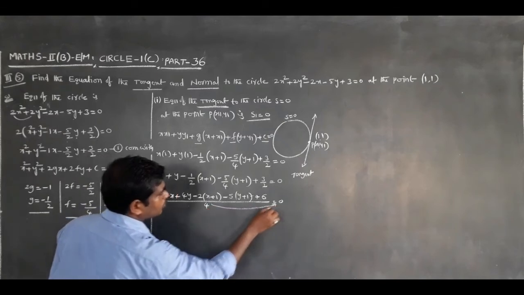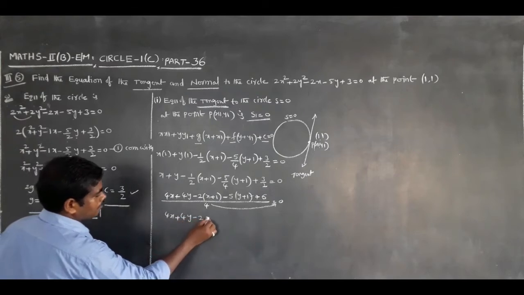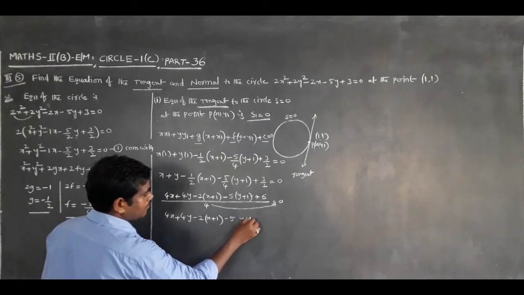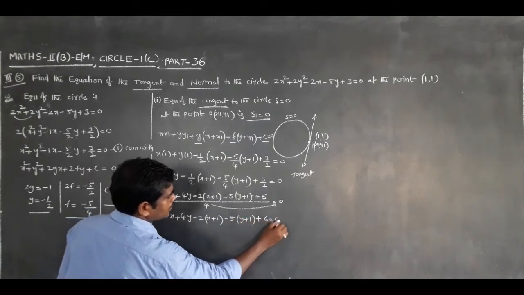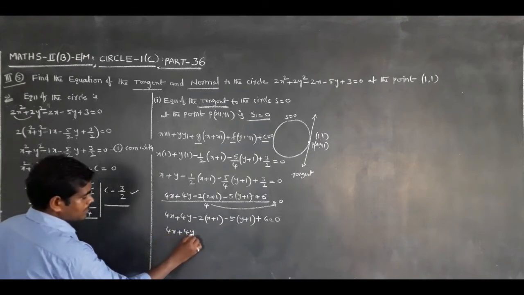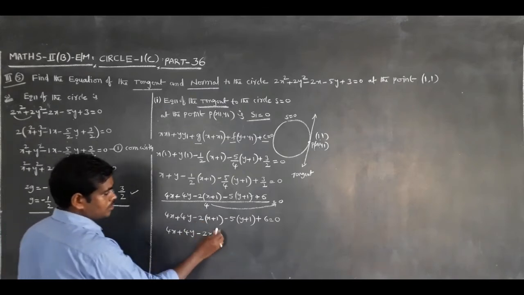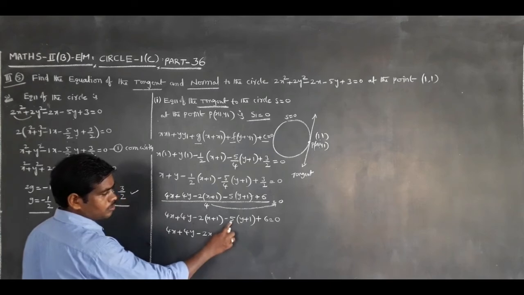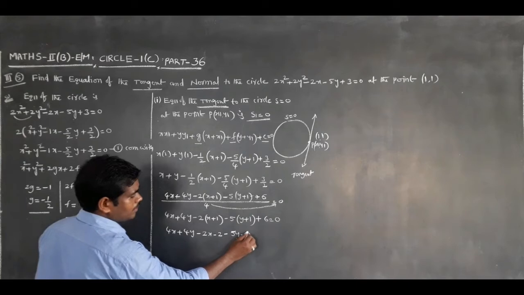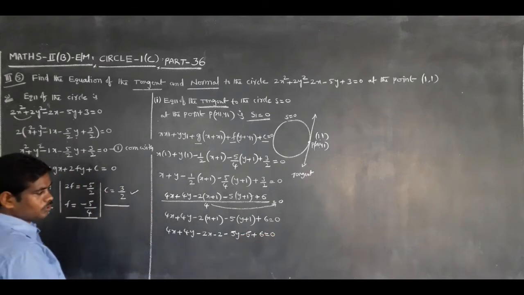So 4x plus 4y minus 2 into x plus 1 minus 5 into y plus 1 plus 6 is equal to 0. Expanding: 4x plus 4y minus 2x minus 2 into 1, minus 2, minus 5y minus 5 into 1, minus 5 plus 6 is equal to 0.